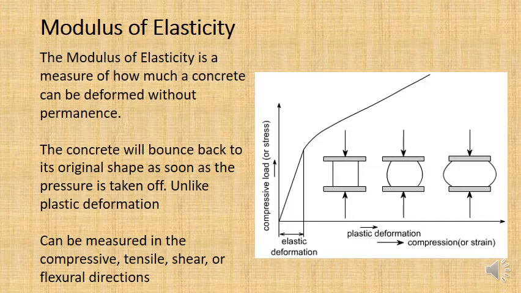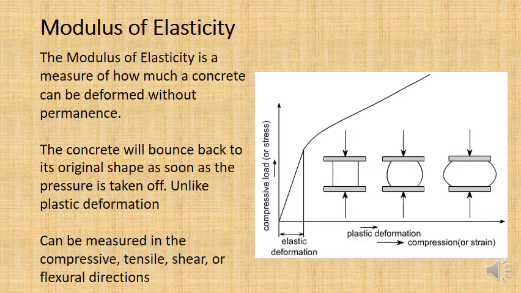This is where it will become deformed permanently. Normally with concrete, this will be in the form of cracks that don't suddenly repair themselves the moment you take the force off. So with concrete, we're talking almost always about elastic deformation.